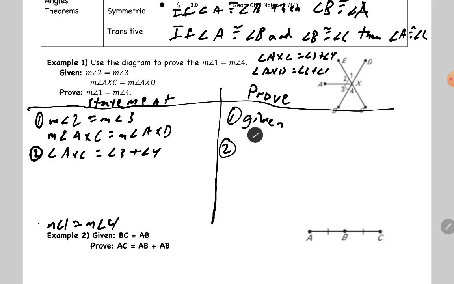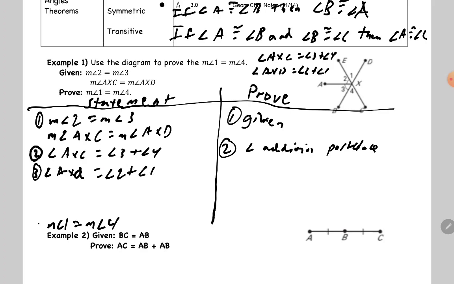That naturally follows from just looking at the picture, and that's called the angle addition postulate. And same thing with angle AXD: that was angle 2 plus angle 1. So, angle addition postulate.